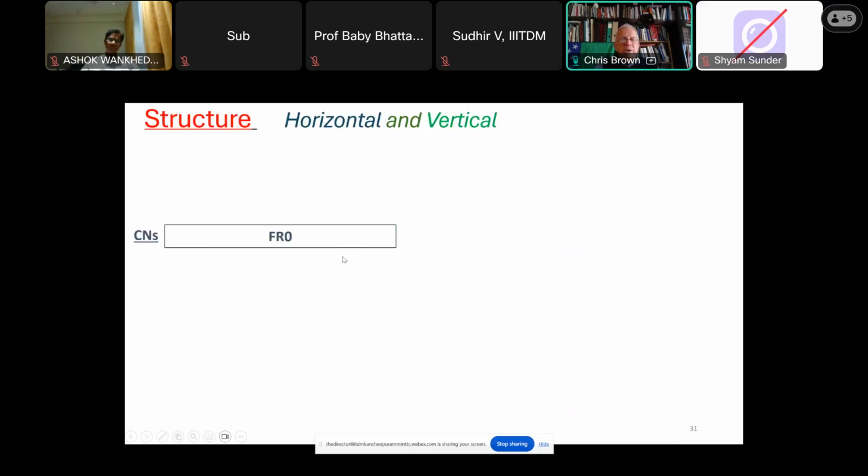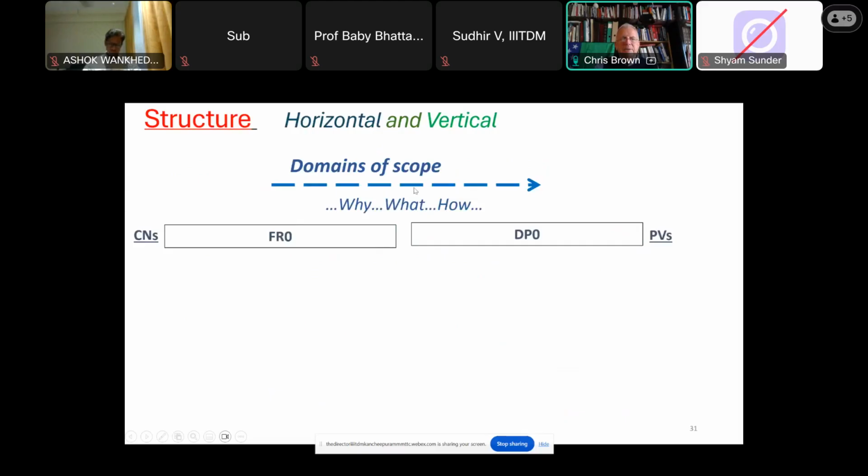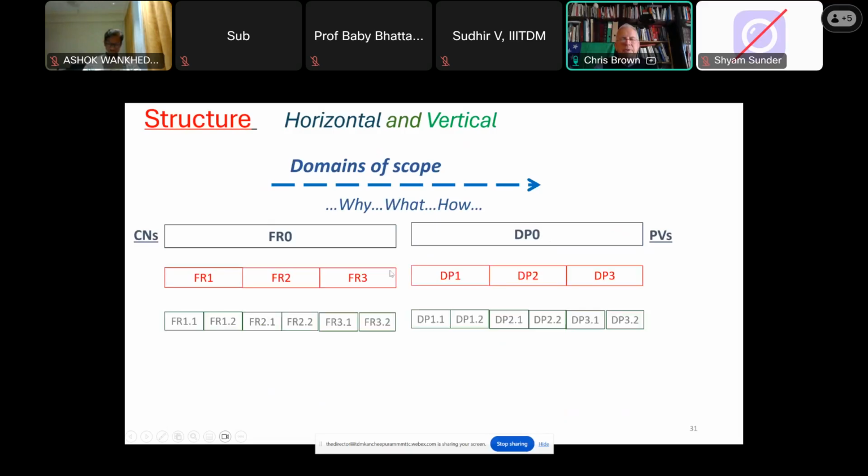So the structure, again, we've got horizontal and vertical. These are the domains of scope going from customer, functional, physical, process, so why, what, and how. And we decompose the FRs and the DPs into their children. So the children of FR1 are FR1.1 and 1.2.